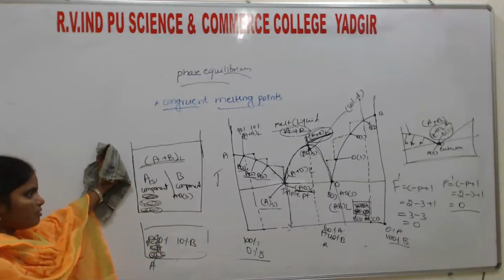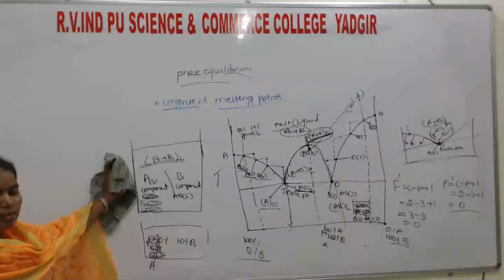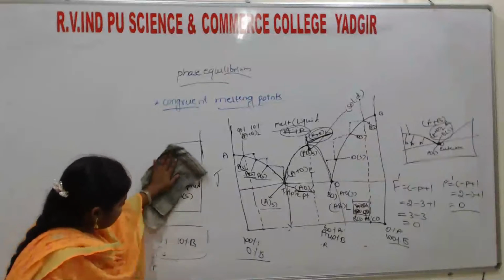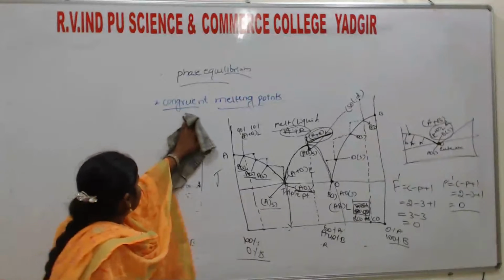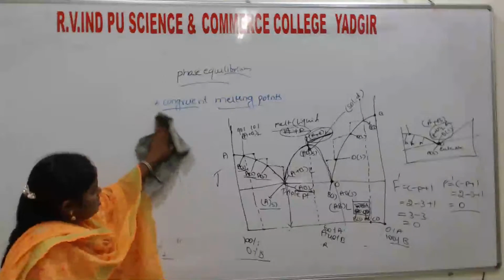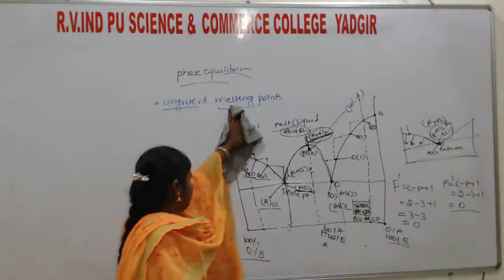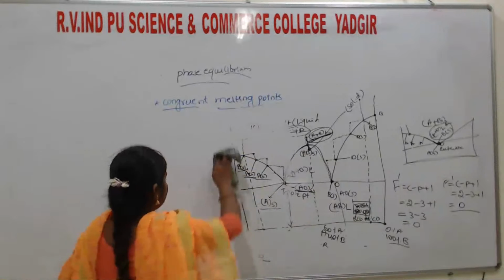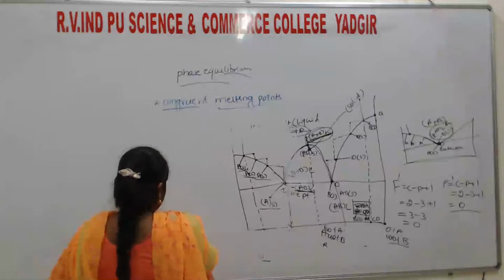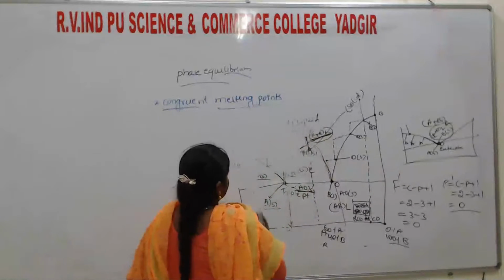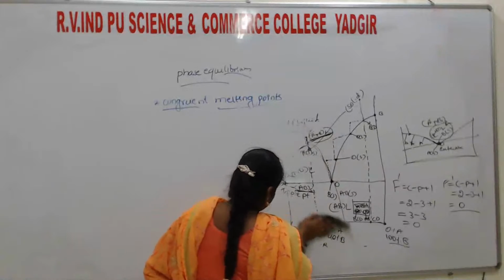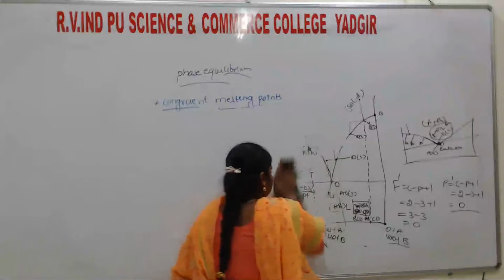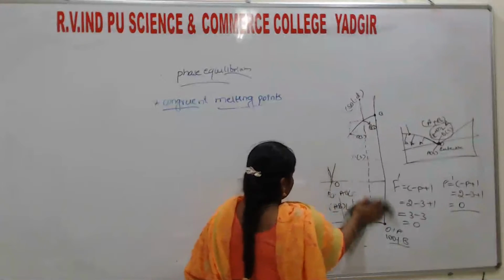So this is the concept of congruent melting point. I will write this diagram once again. These things, all understood.